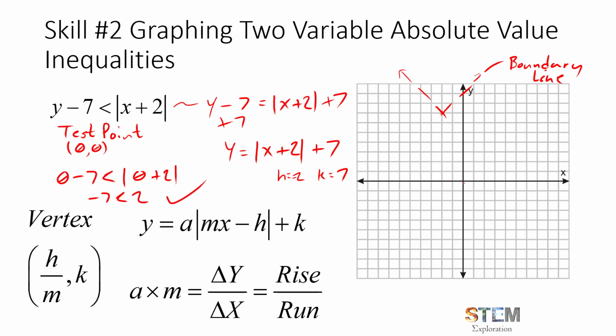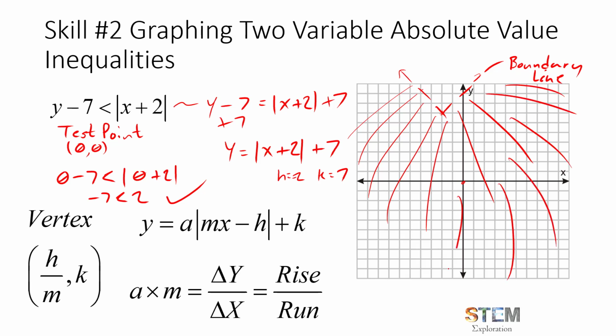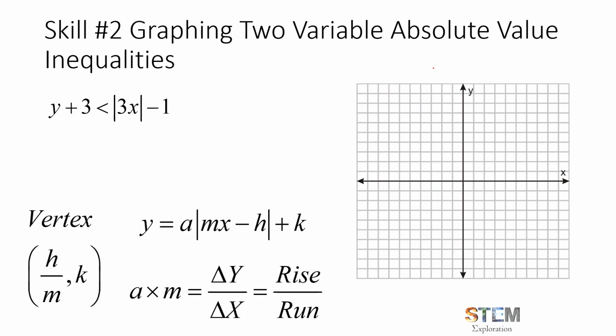This is true, so that means that all of the solutions here are going to work out just fine in this given circumstance. So I would shade everything underneath this boundary line, and that would represent all of my solutions for this two variable absolute value inequality.